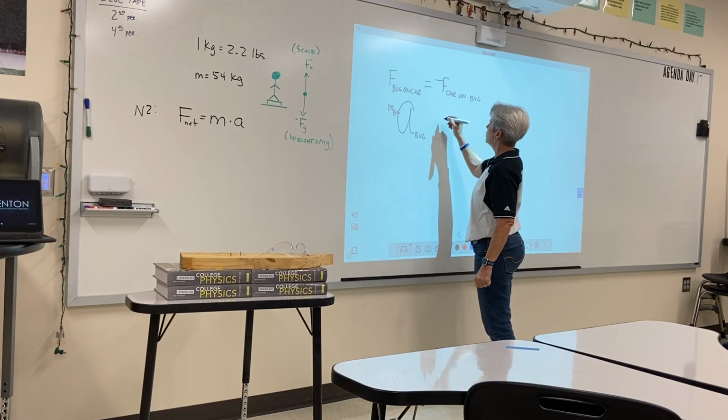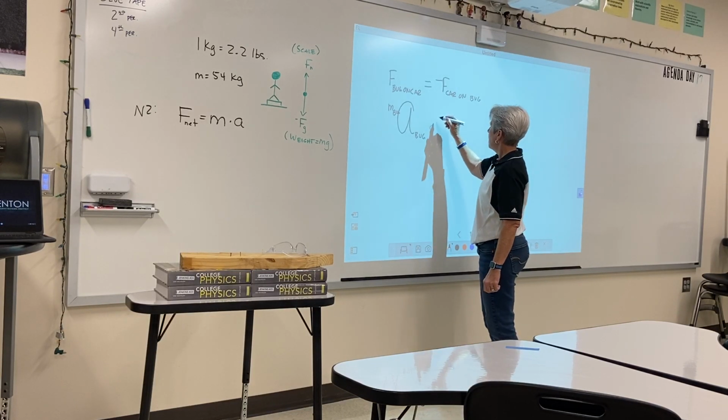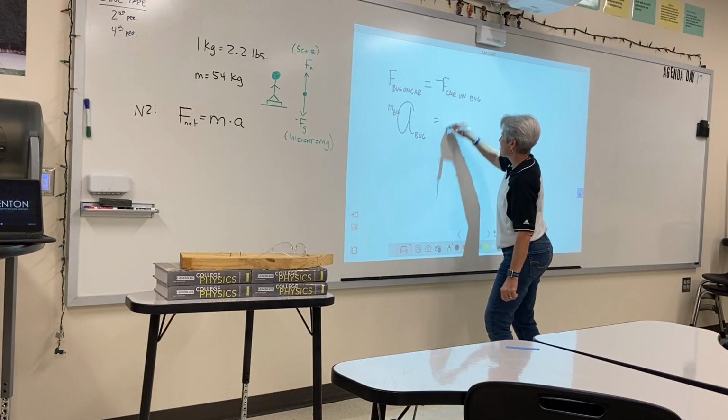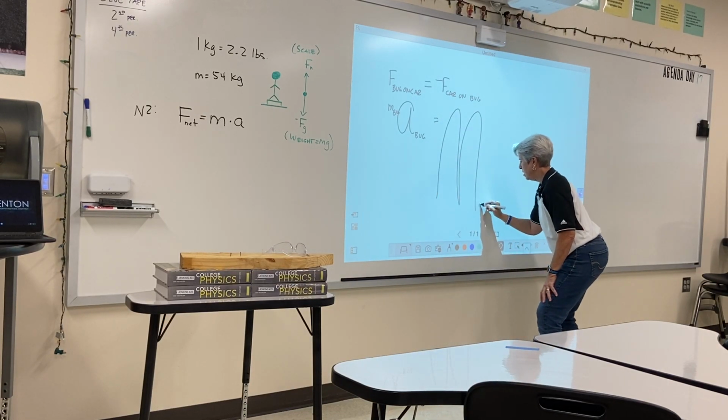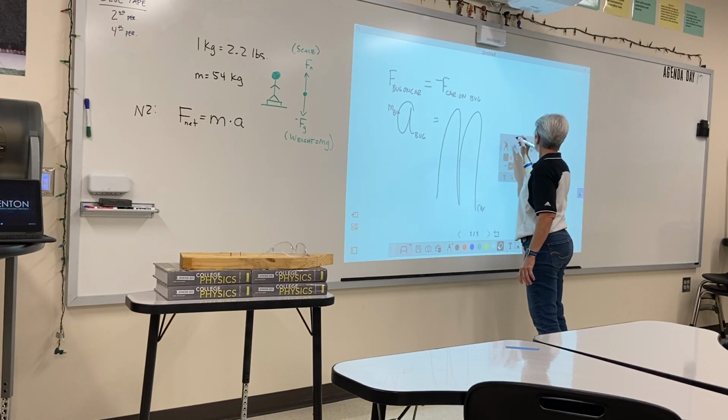Well, that has to be equal to the mass of my car times the acceleration of the car. So small you can't even see it.